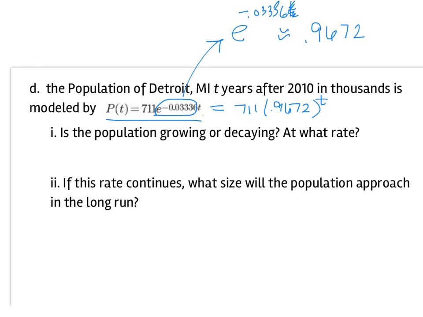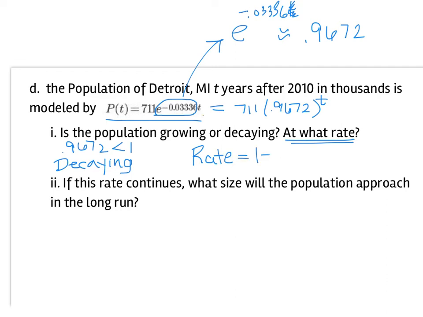And now that we can see that 0.9672 is less than 1, we know that the population of Detroit is unfortunately decaying. So it's getting smaller. In terms of answering the question, at what rate, I can't emphasize enough that in order to find the rate, we don't just name the base.